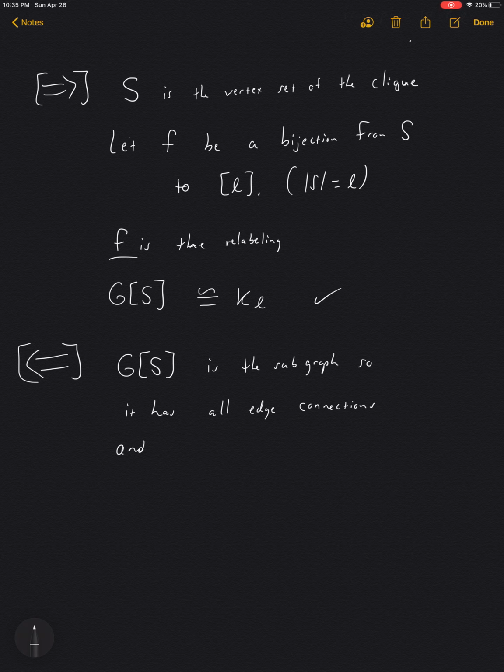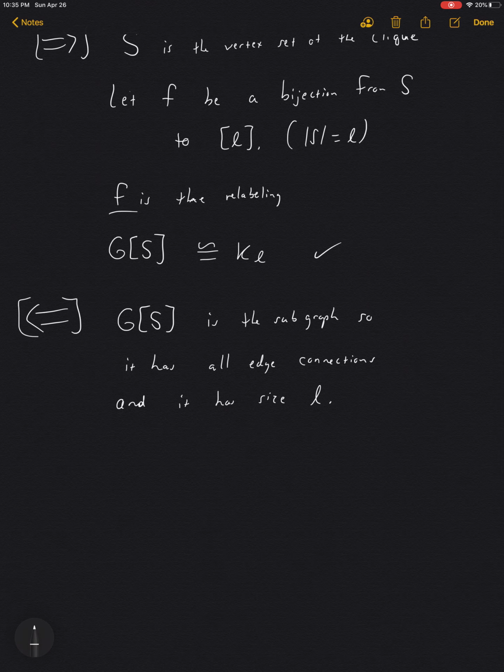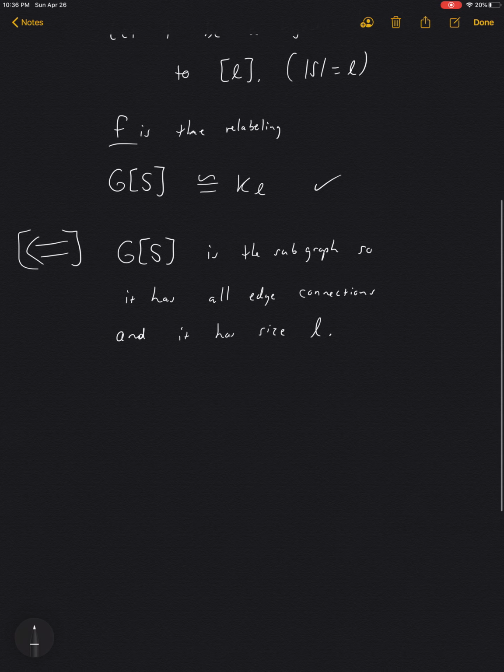And it has size L, because of course it has to have the same number of nodes to be isomorphic. Remember, isomorphism just says they're the same graph if we change the names of the vertices. So if they were both unlabeled, they would look like the same graph. So it has all edge connections and it has size L, so it's a clique of size L. And that completes the proof.